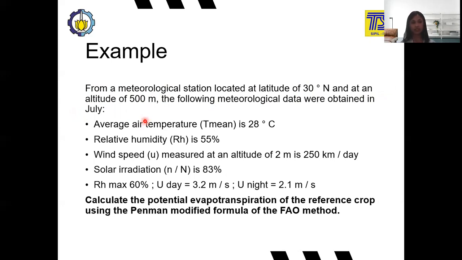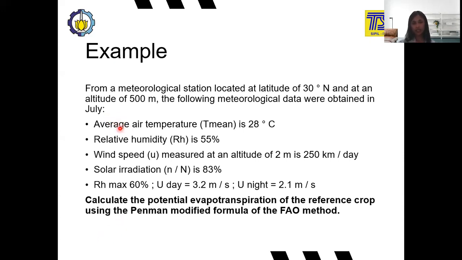If the table is related to the month, you have to look for the month of the data that you have. It's July, so you will look for the data for the month of July.